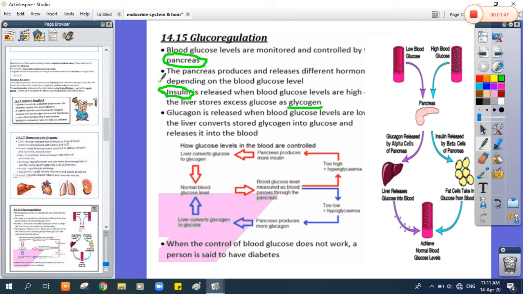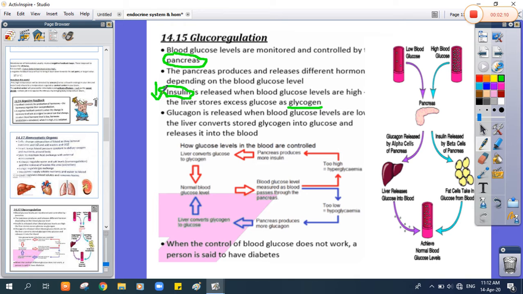The insulin reduces the glucose when you eat a lot and there is excess carbohydrate and excess glucose inside your blood. This is not healthy for your body. So the excess amount of glucose is converted into glycogen by the insulin.